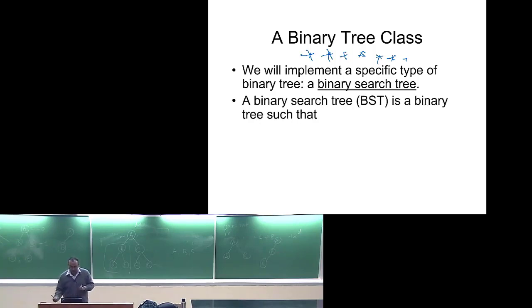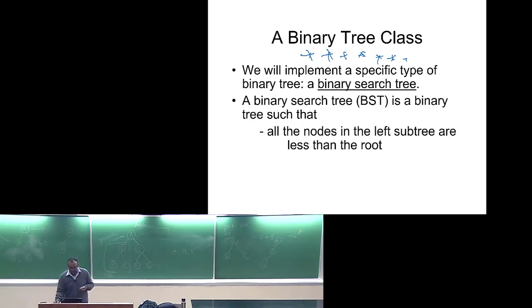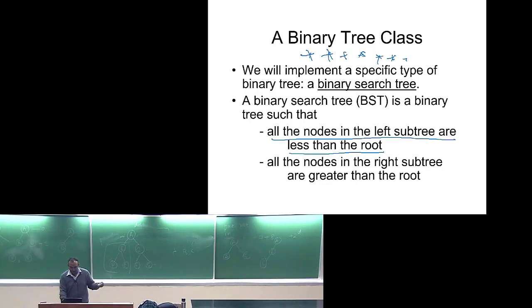So binary search tree has a property which is like this. All the nodes in the left subtree are less than root. And all the nodes in the right subtree are greater than the root. So in these trees, we don't have anything like that, right? The question is, can we compare these nodes?